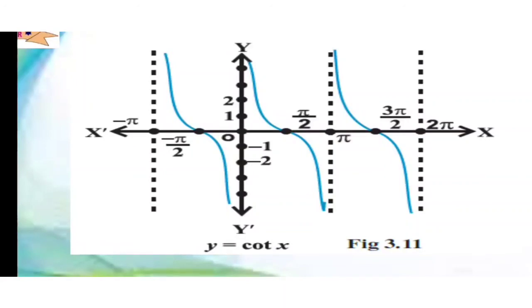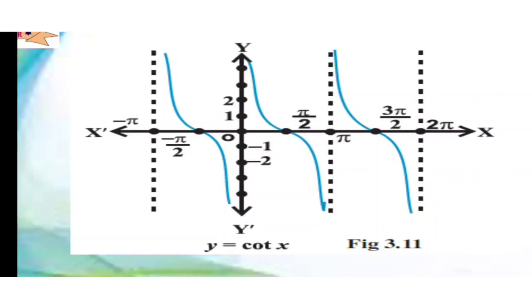When we are putting the values as pi, 2 pi, 3 pi, we get 0 in the denominator, and we know anything divided by 0 is infinity. So our cot x is not defined for n pi. So the input should not be n pi.